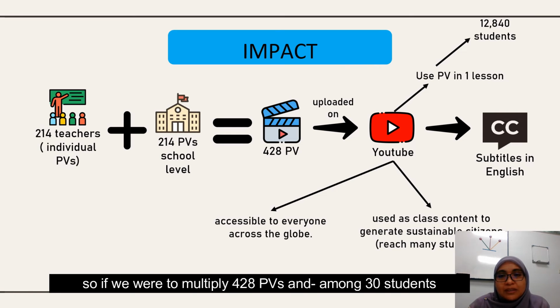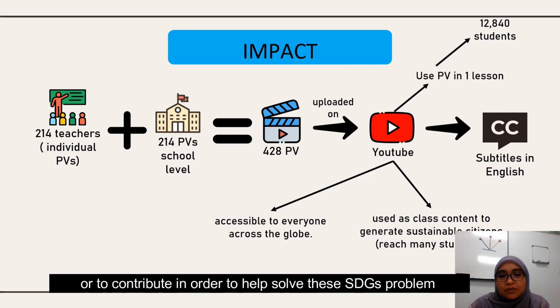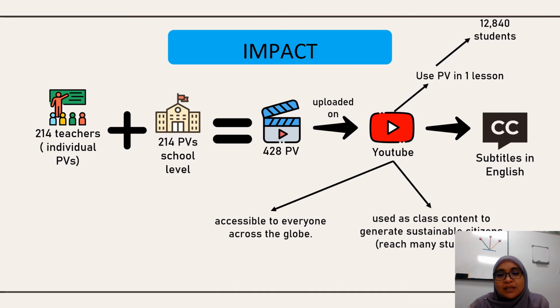So if we were to multiply 428 PVs by 30 students, that means that 12,840 students would have watched at least one of these 428 PVs, and they will become more aware of the SDG issues which are very close to them. And this will hopefully get them to act and make some changes in their behavior or to contribute in order to help solve these SDG problems.